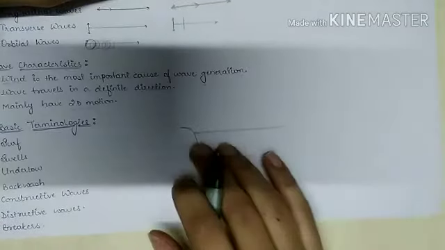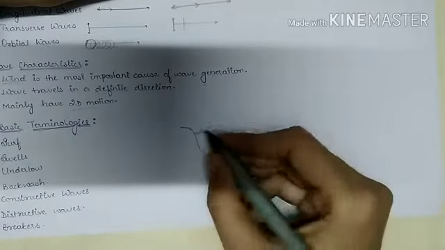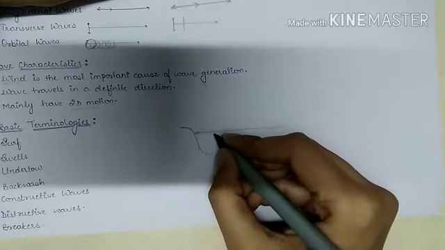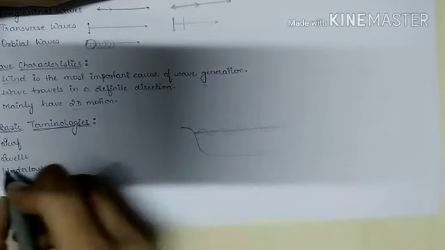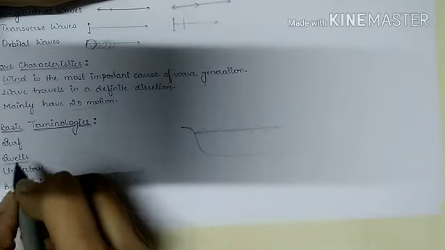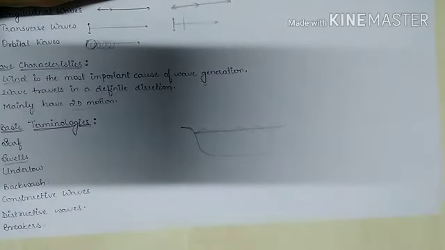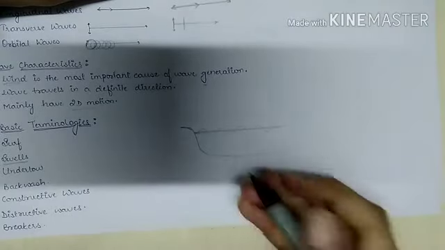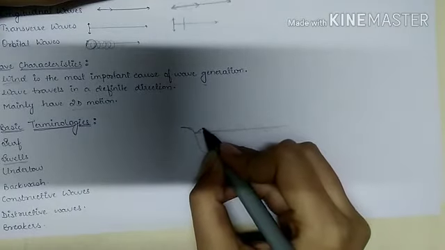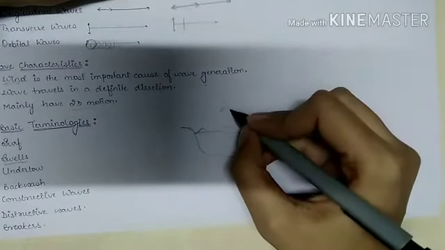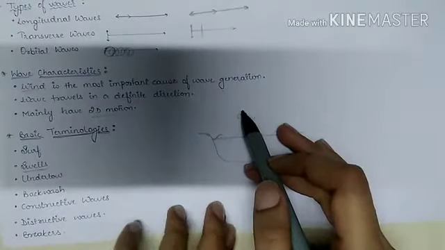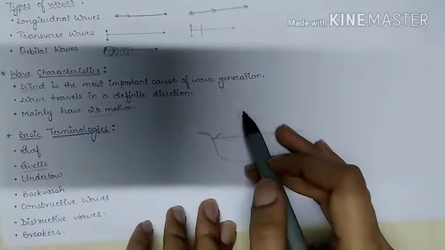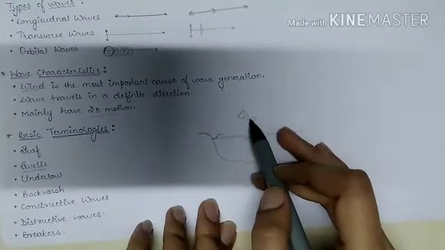Now these are the waves generated. These waves that are generated are known as swells. Each wave has a crest and a trough. So this is the crest and this is the trough.